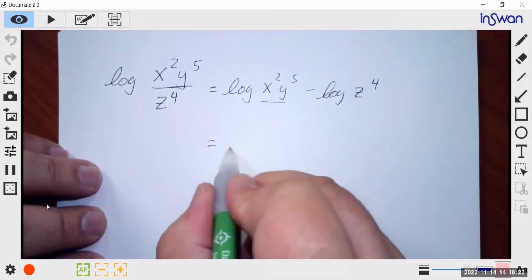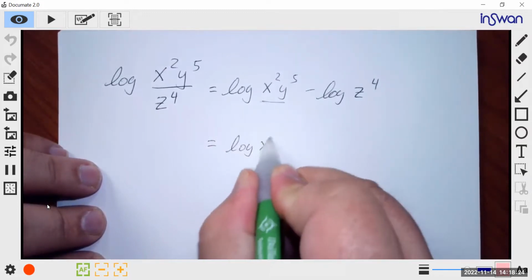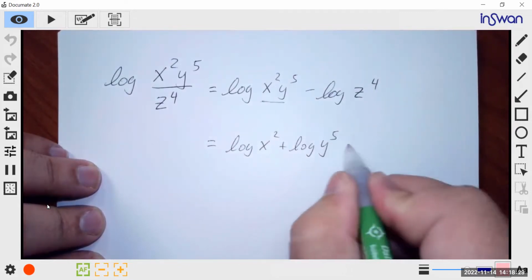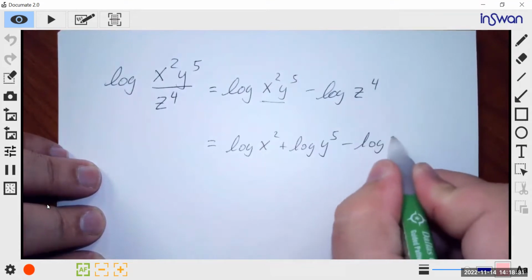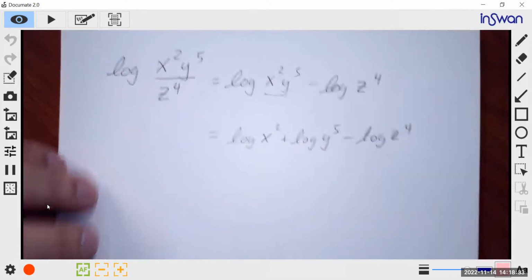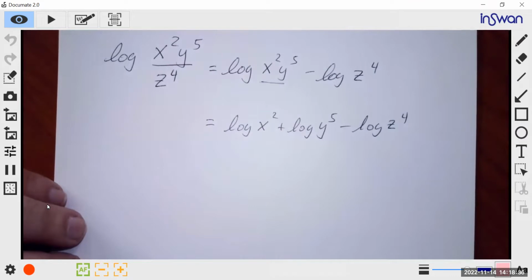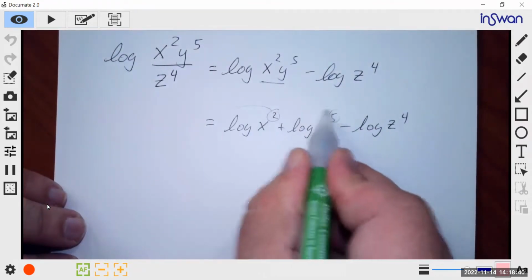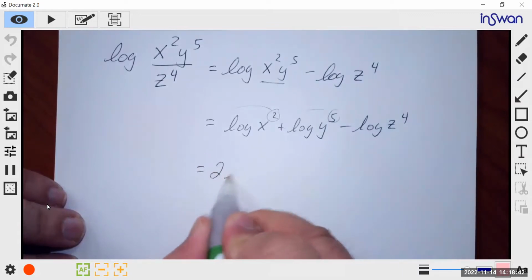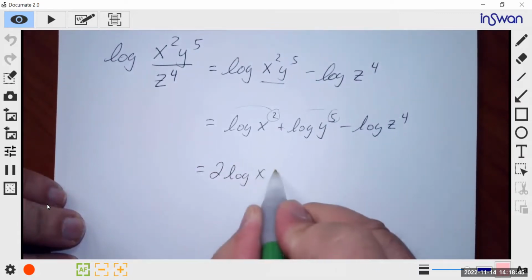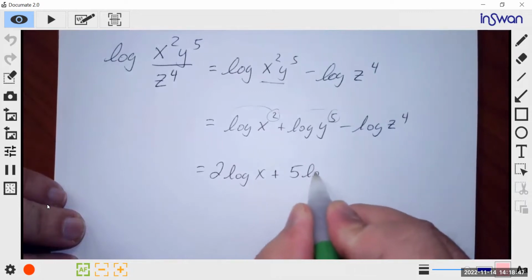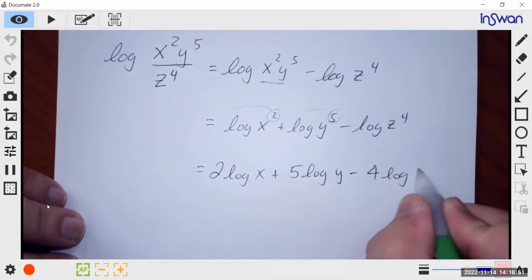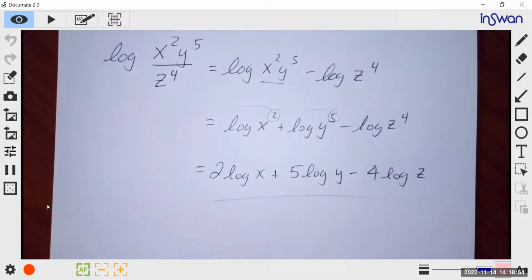So the product means I add. Now we have powers. Those powers go in front. So we have 2 log x, 5 log y, 4 log z. And there you have it.